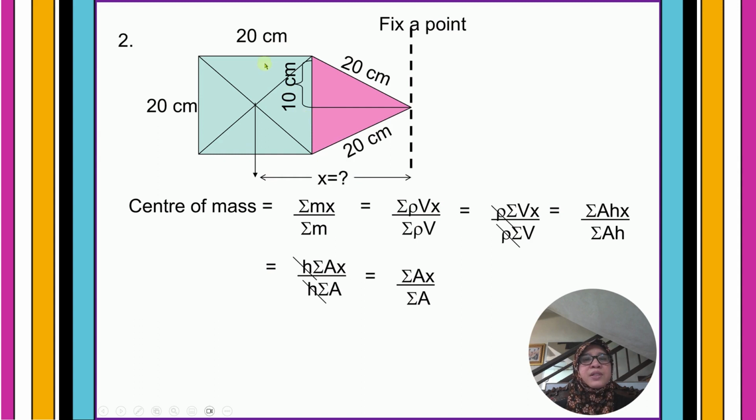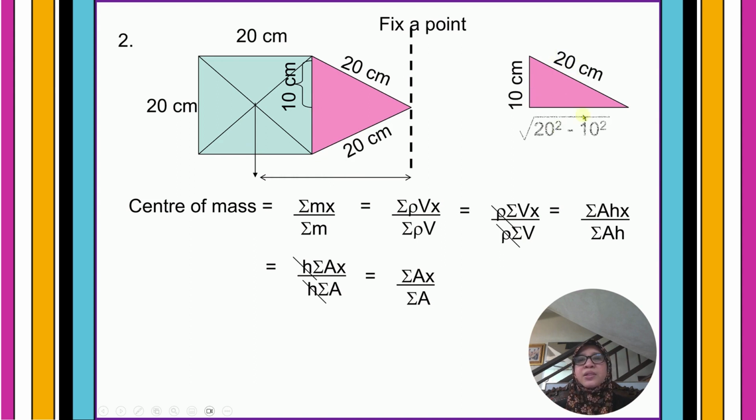Okay, for the side of the square, half of it is 10 centimeter. So from this square, 10 centimeter, and then we know 20 centimeter, so we can use Pythagoras theorem to find the length of the equilateral triangle.